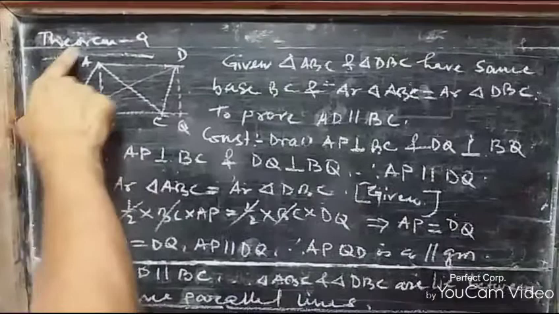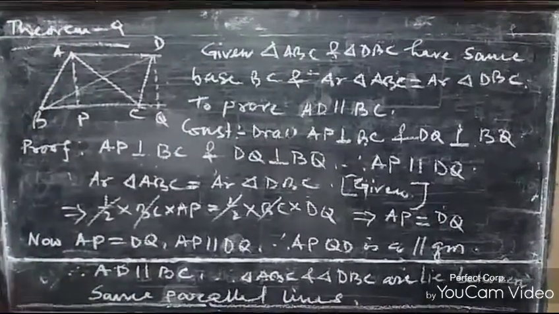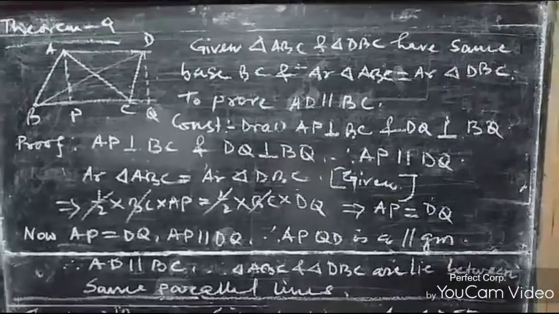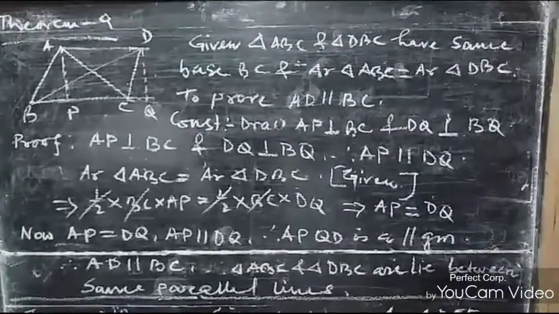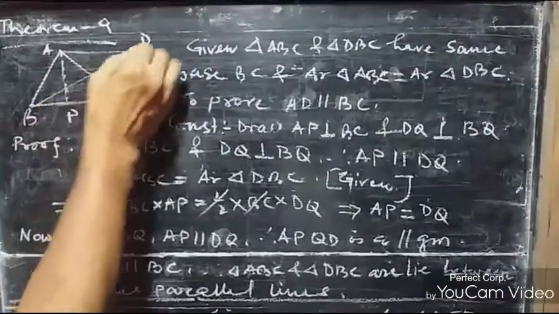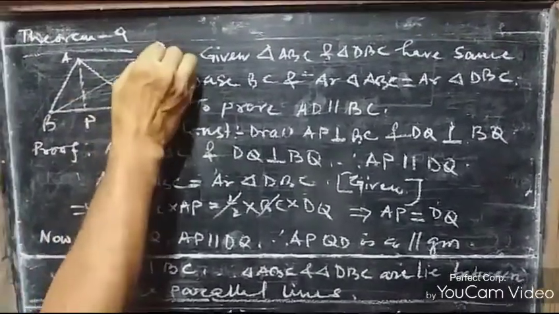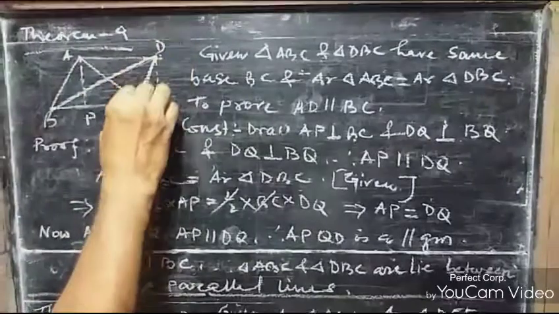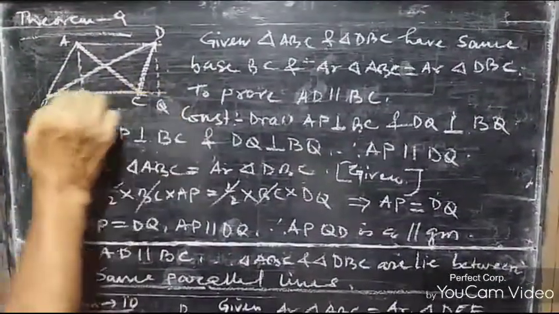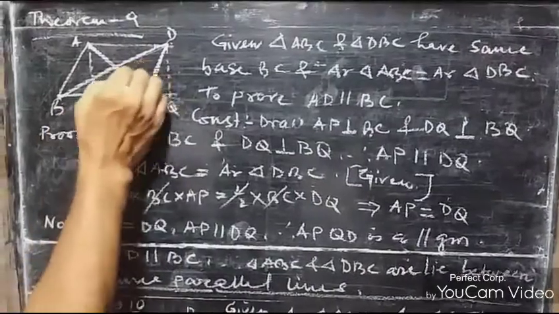Next comes theorem number 9. It is telling that two triangles having the same base and equal areas lie between the same parallel lines. See, triangles ABC and DBC are on the same base BC, and their areas are equal.